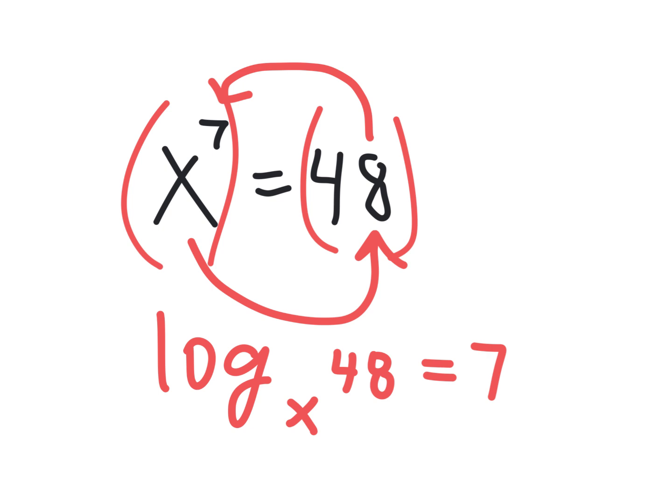Because the whole point is usually to solve it. Would you agree that the way I wrote it in the first way is kind of better? Because you can solve it by just putting it to the 1/7 power. The one on the bottom, that's not as good. So logs aren't always the answer. Logs sometimes are not as good as just writing it as an exponent.